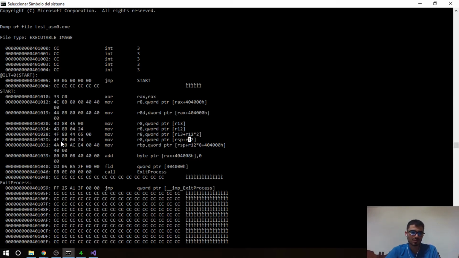So I like this one. I mean, it's simpler. It's just the same thing, isn't it? This was possible because this is using R12 as the index. This is not using RSP as the index.